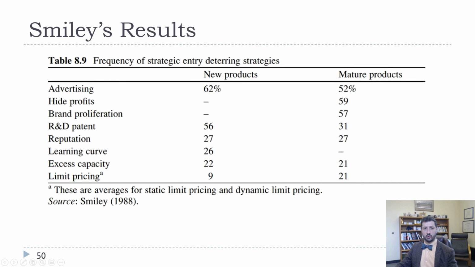And still important, excess capacity and limit pricing. So firms are definitely engaging in these, trying to keep out potential entrants. They don't want potential entrants to come into the industry, increase competition, and reduce profits for everybody.